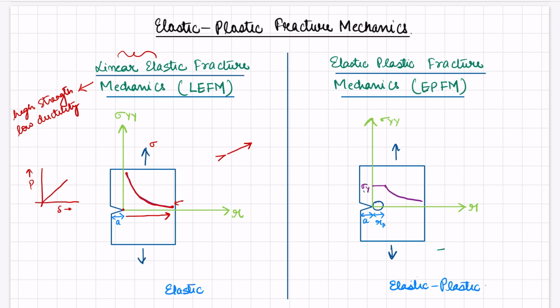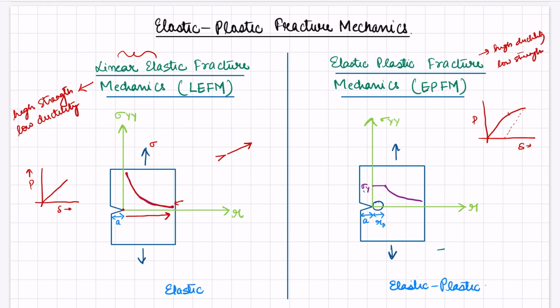However, for elastic plastic materials, the curve between the load and displacement is non-linear, and upon unloading it does not trace the same path; it follows a different path. These elastic plastic materials generally have high ductility and low strength.